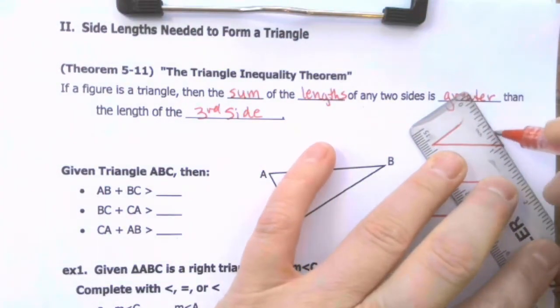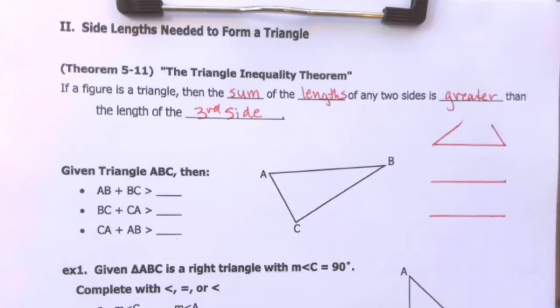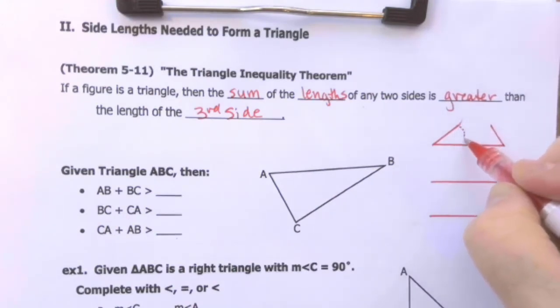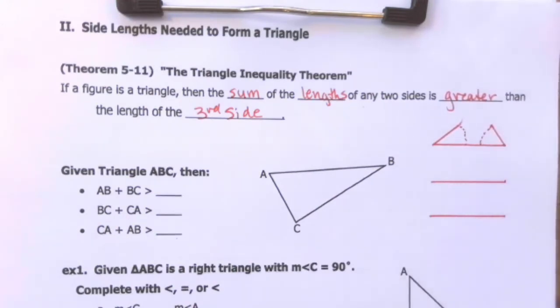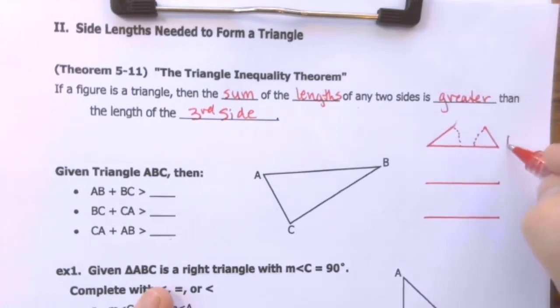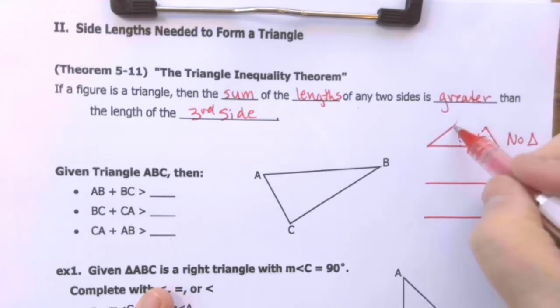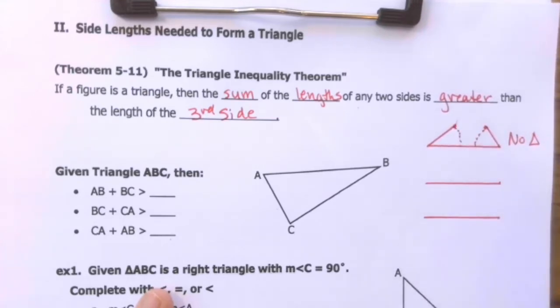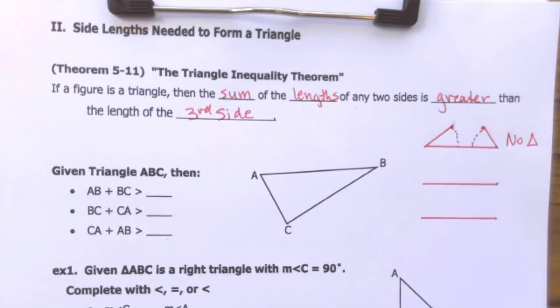If 2 of the sides are so small that when you add them together, they're not even as long as the third side, you're going to get no triangle. You can see that those sides don't touch. They can't make a triangle.